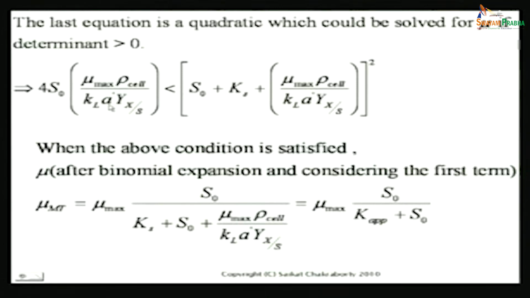Y is a property of the cell and the substrate, you cannot control. The only controlling parameter that you have here is S naught. So what you want to do is equate this to 0 and solve for S naught, to get the minimum amount of substrate that is required for the growth and nourishment of the cells. Is it clear to all of you?